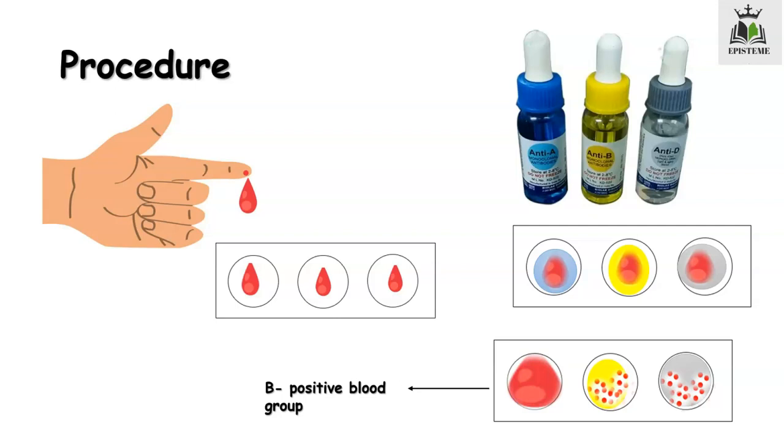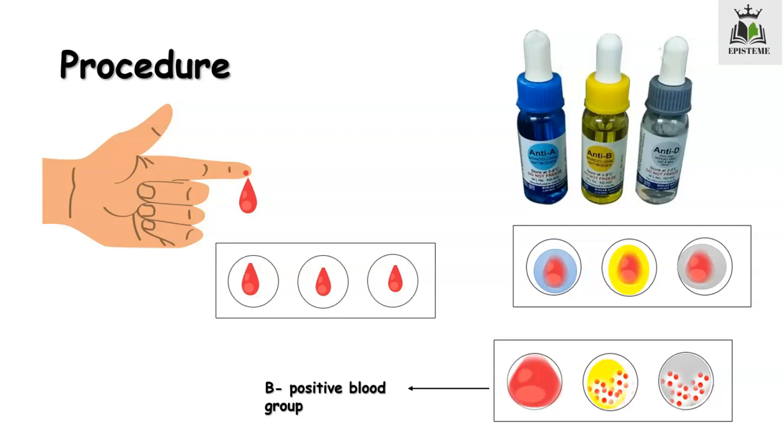So when we add the antibodies for A antigen, obviously the reaction will not occur because there is no A antigen present. On the other hand, when we add the antiserum B to this same blood, we see the agglutination because antiserum B has the antibodies for B antigen. They will come and bind to these antigens, and thus the agglutination will occur.